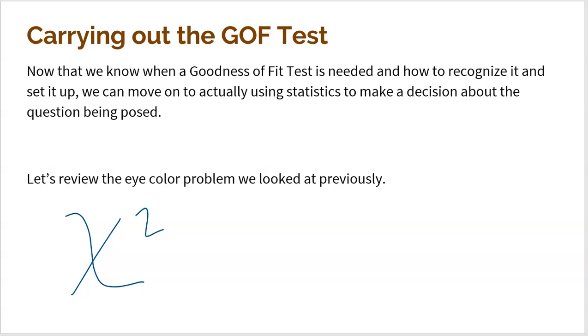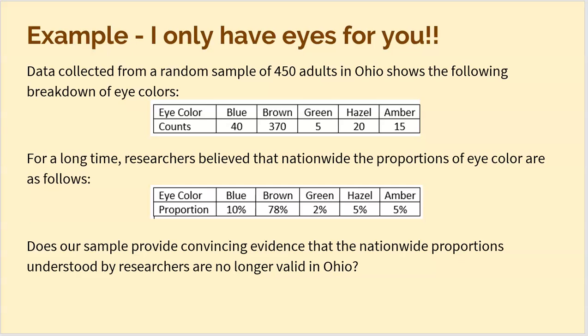So let's quickly review the example that we started in the last topic, 8.2, to see where we're headed with this. This is the example of eye color. Remember, we took a random sample of 450 people in Ohio, and the results showed the following distributions of eye color: blue, brown, green, hazel, amber. But we've known that nationwide the proportion of eye colors has typically followed this distribution: 10%, 78%, 2%, 5%, and 5%.